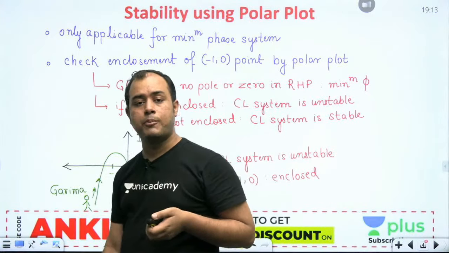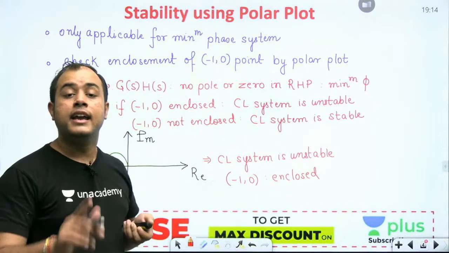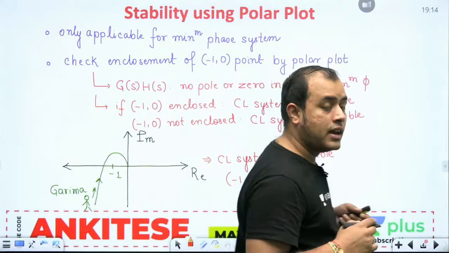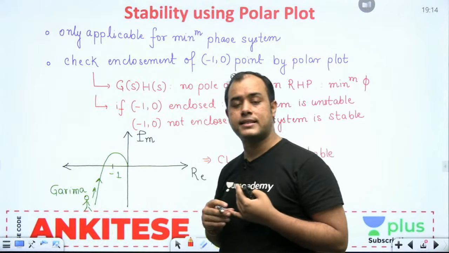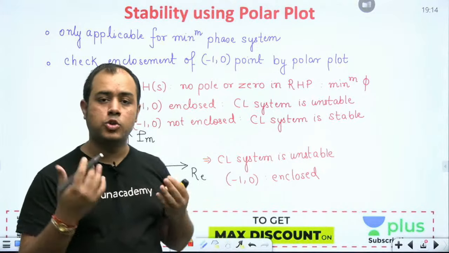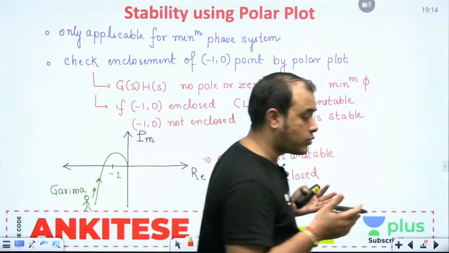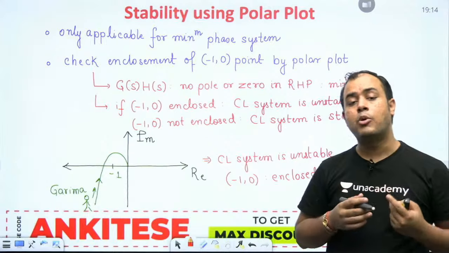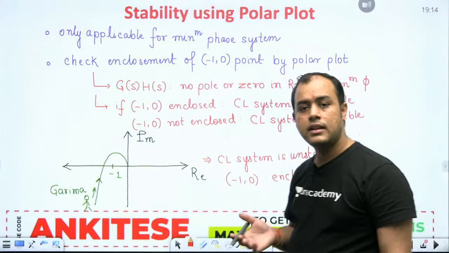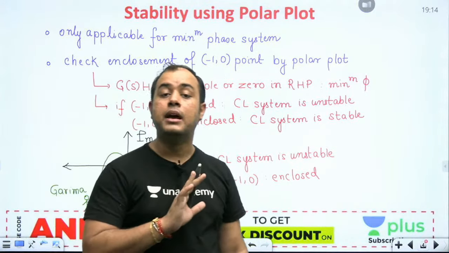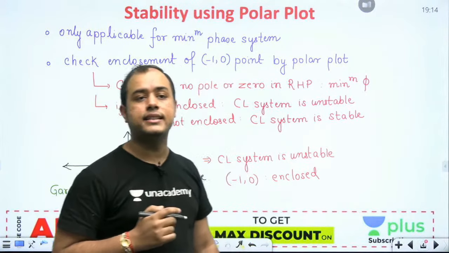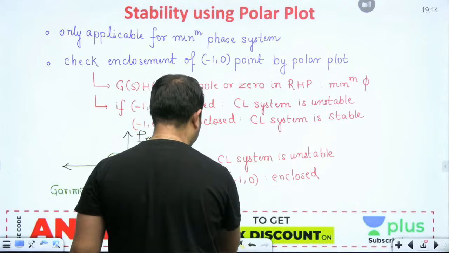Gajendra, yes, we can draw polar plot for non-minimum phase. If you remember yesterday itself, we drew the polar plot for the all pass system. I drew that, and the Nyquist plot was a circle, but the polar plot was a semicircle. So yes, we can draw polar plot for a non-minimum phase system, but we cannot judge its stability using polar plot.